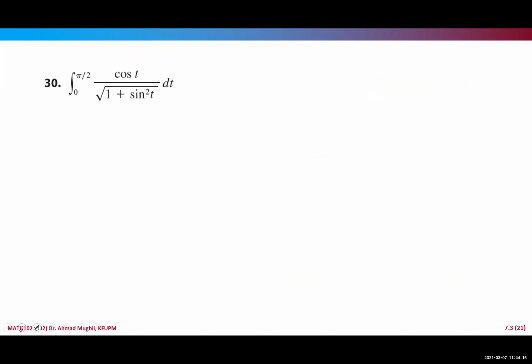This is a nice integral also. What do you think? How to find this integral? Any idea, Abdulaziz? If you have this integral, what is the first thing that comes to your mind? 1 plus u equals 1 plus sine squared, so you will put u equals 1 plus sine squared t.